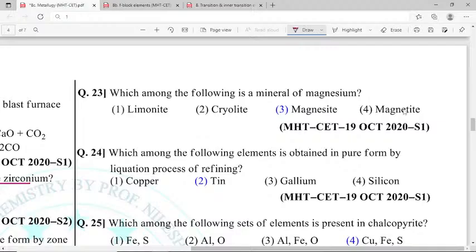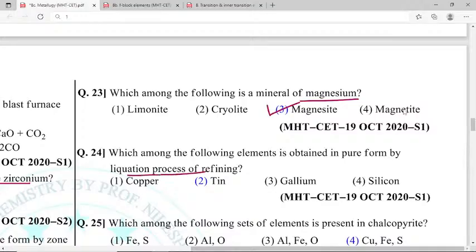Which among the following is the mineral of magnesium? Magnesite. Magnesite is the mineral of magnesium. Which among the following elements is obtained in pure form by liquation process of refining? Tin.